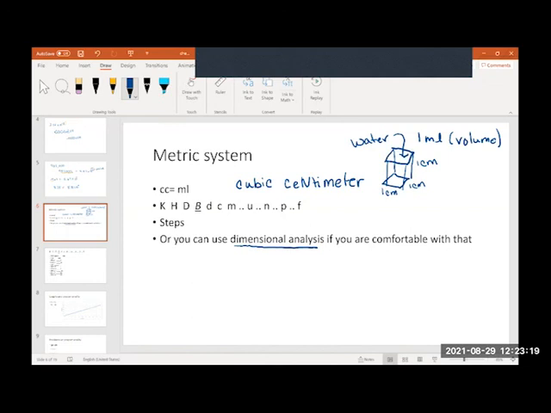You might not know that deci means a tenth. You might not know that centi means 100th. You might not know that milli means 1,000th. And you might not know that deca means 10 times more, or hecto means 100 times more, or kilo means 1,000 times more.